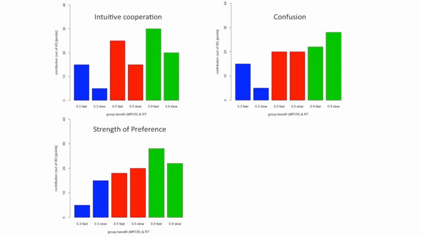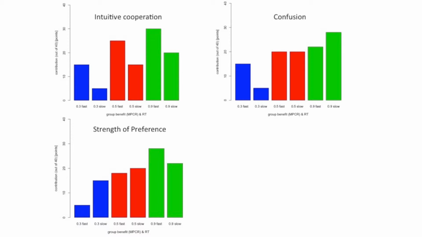And on the x-axis each color is a different game. Blue is the MPCR of 0.3, so that's the bad public good. The red is the MPCR of 0.5, that's the medium public good. And green is the MPCR of 0.9, that's the good public good, the high efficiency one.